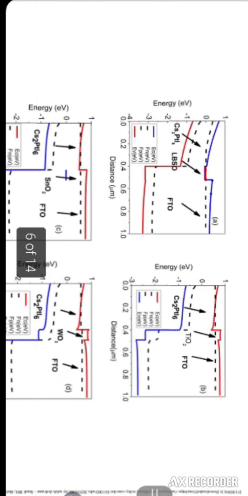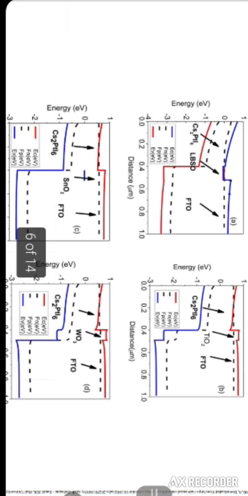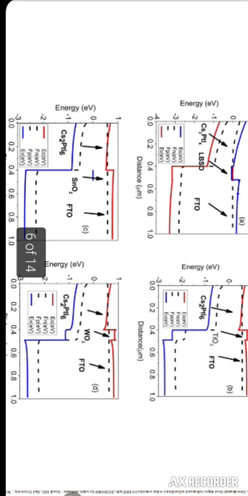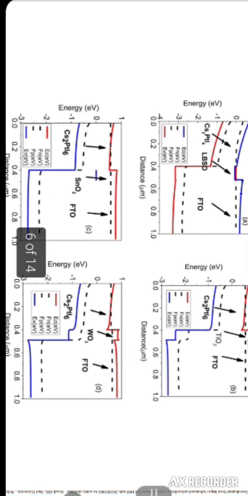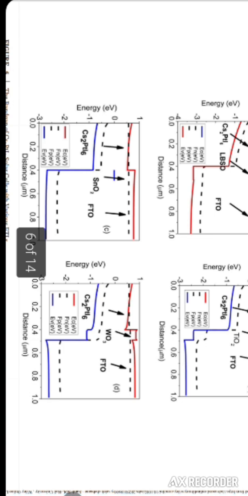Here they plot the alignment of the energy band levels of the 4 ETL types: LPSO, titanium dioxide, tin dioxide and WO3, and they came out as follows.